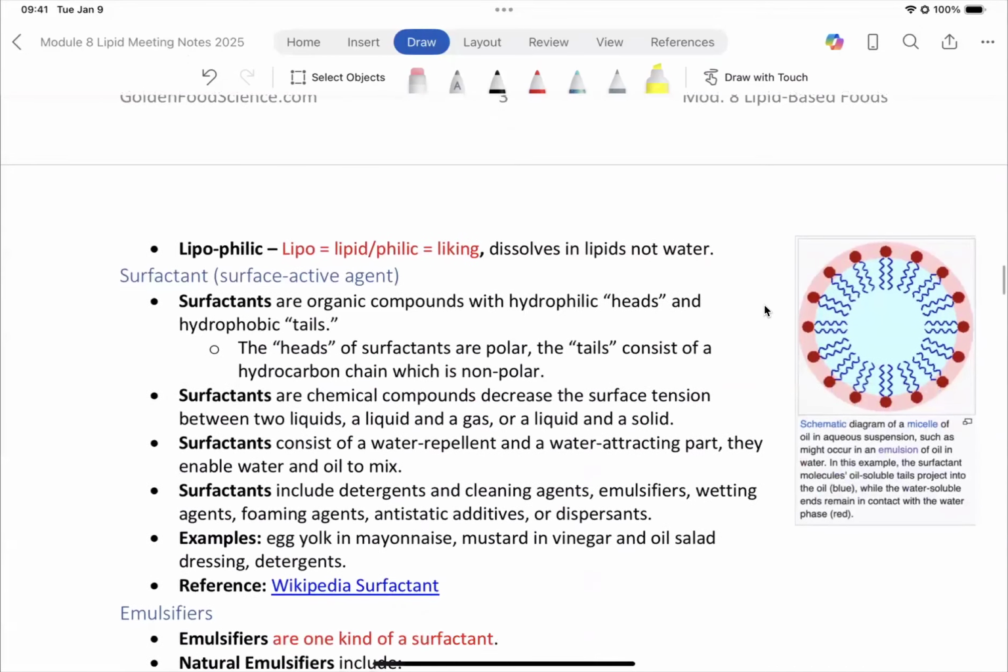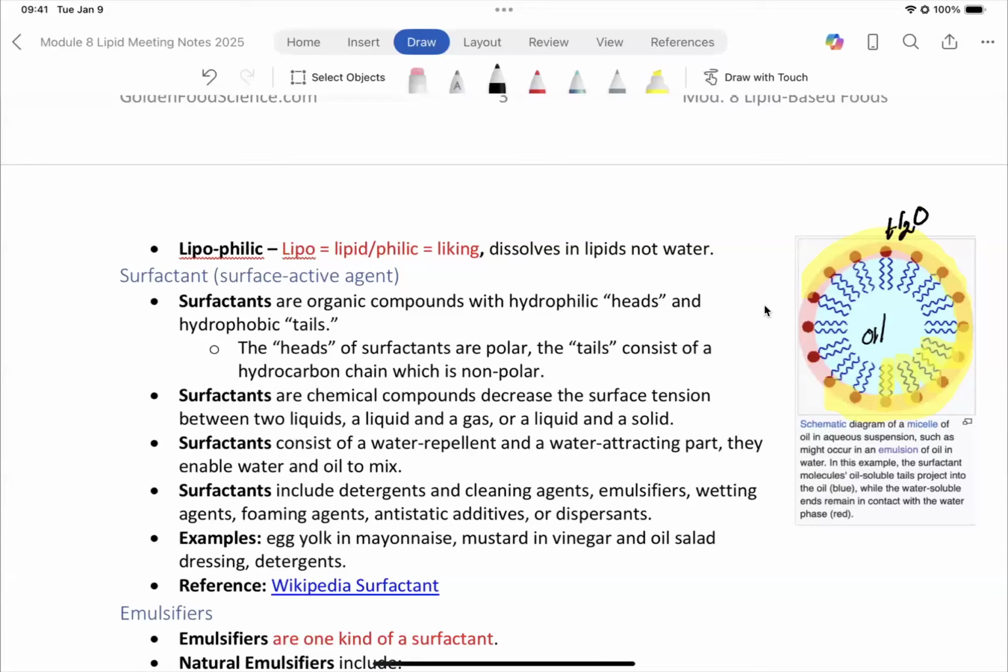So if we look at an emulsion, in my little drawing right here, the blue dots, the red dots around the outside, and this tail, this is the emulsifier. In this particular case, this is oil on the inside and water on the outside.